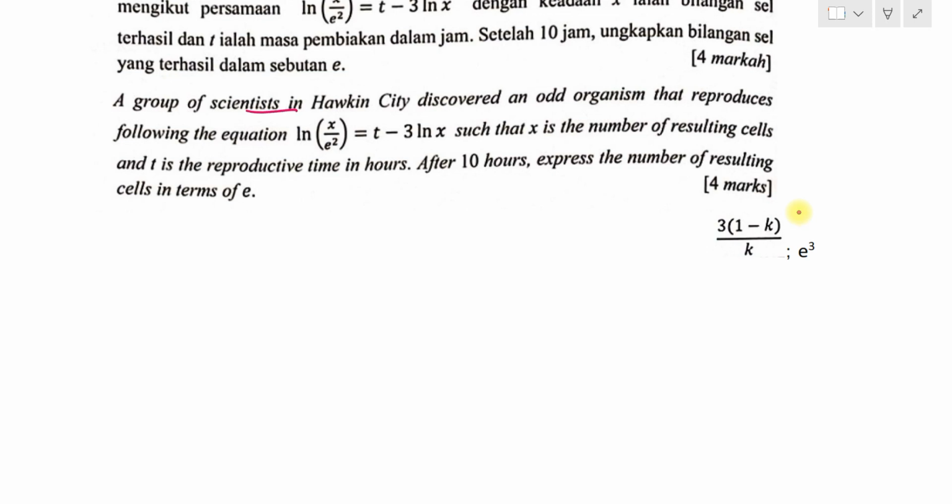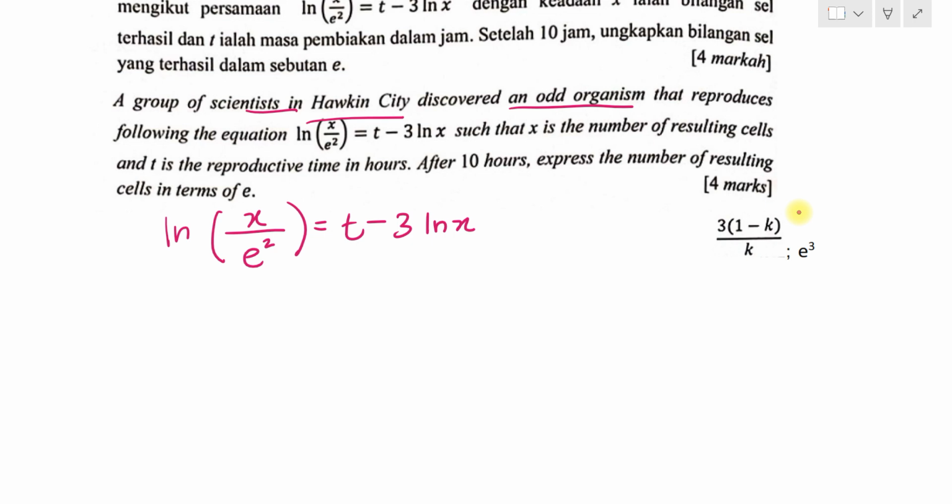A group of scientists in Hawking City discovered an odd organism that reproduces following the equation. Problem solving should be easy, but 4 marks. Let's see. ln x over e square equal to t minus 3 ln x. Okay, very strange equation.